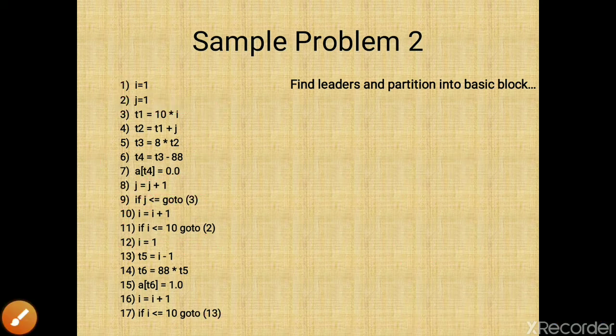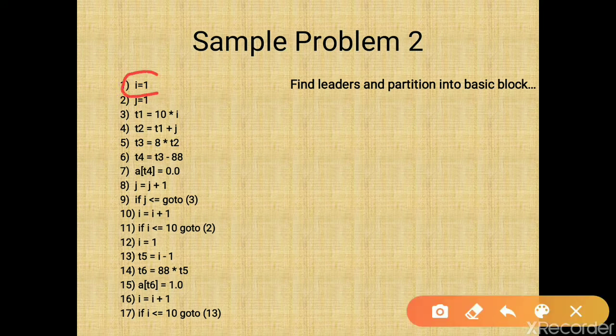So how many basic blocks? The first statement I is equal to 1 is a basic block, j is equal to 1 is a basic block, and T1 is equal to 10 star I, so 3 basic blocks are present now.